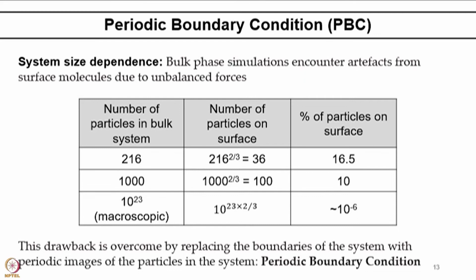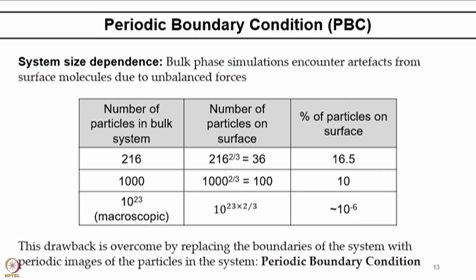However, for a small system, something like 216, which was the initial simulation of water, done with 216 water molecules, that is 16.5% of the particles on the surface. 1000 is still 10%.